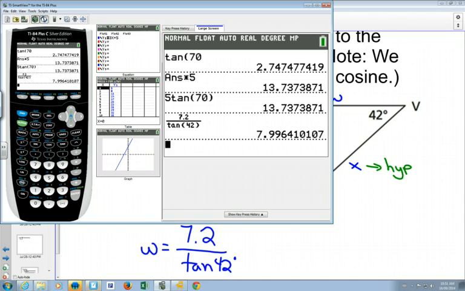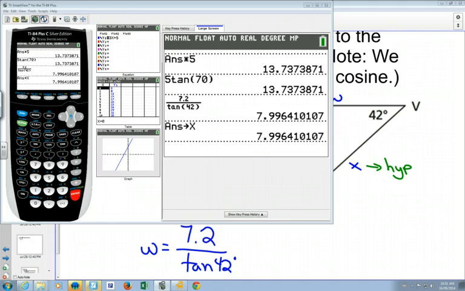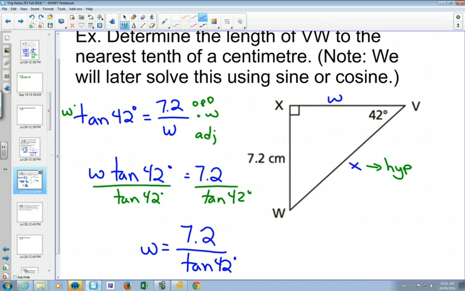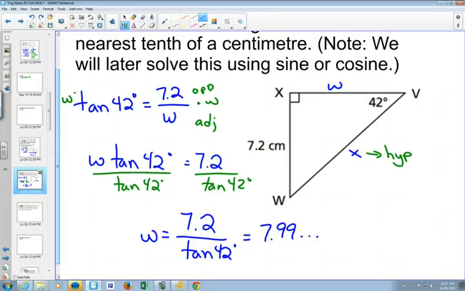I'm going to store that as x for right now. Because I found W, I didn't find x. How am I going to find x now that I know that this is 7.99?